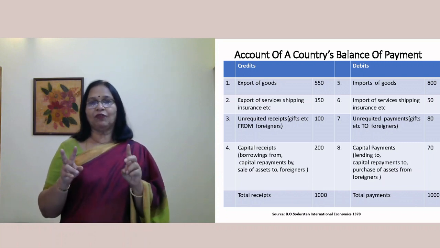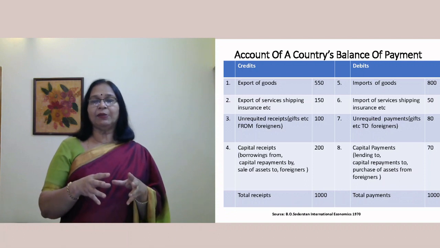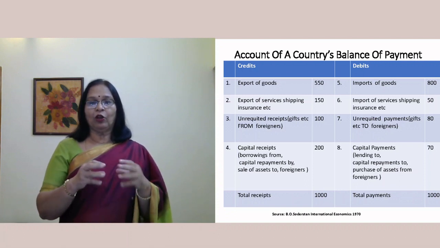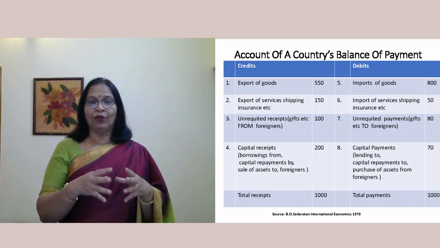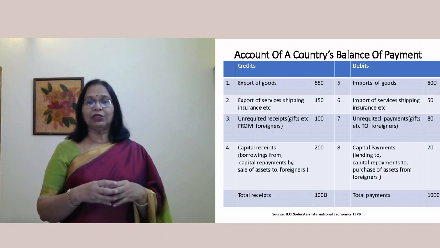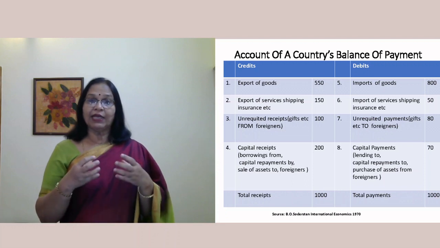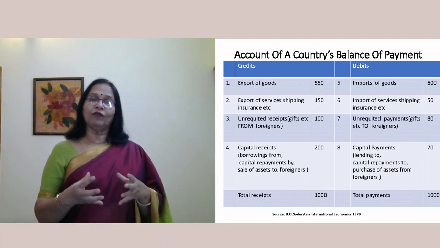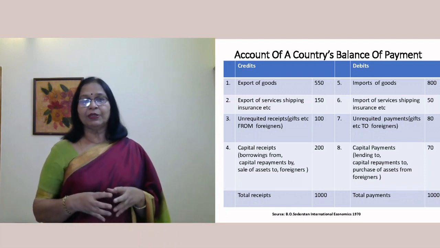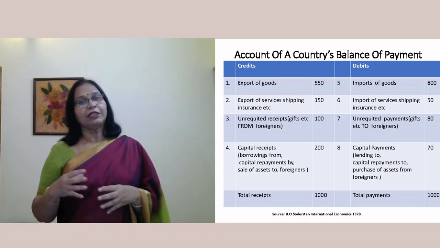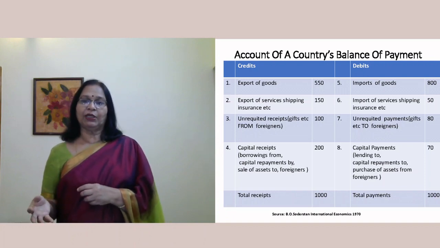So, we have two kinds of account. These capital receipts are meant for the long term. We are borrowing from some other country, we are getting capital repayments by somebody else, we are selling our assets to somebody else. In all of this we are getting receipts, the credits from other countries. Similarly, we also make payments to other countries.